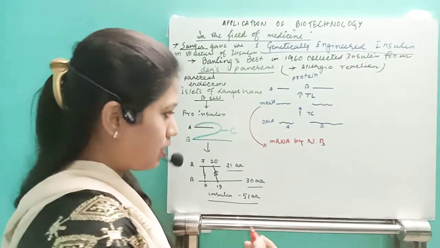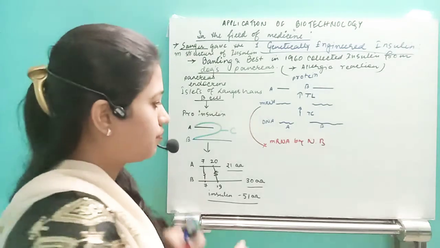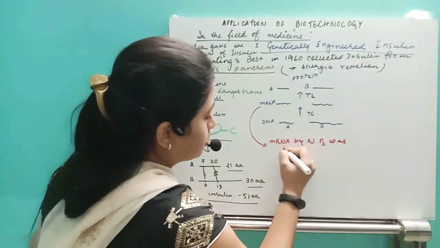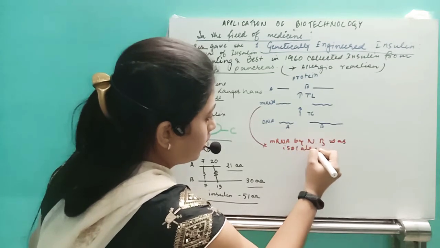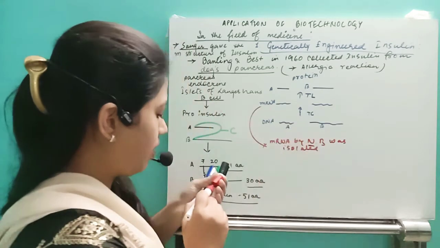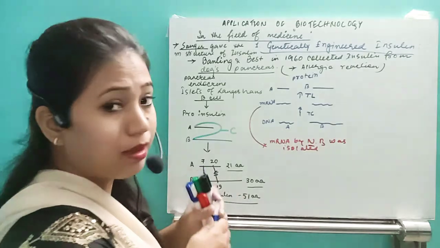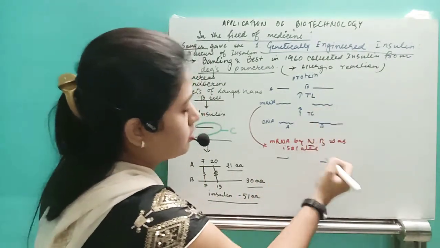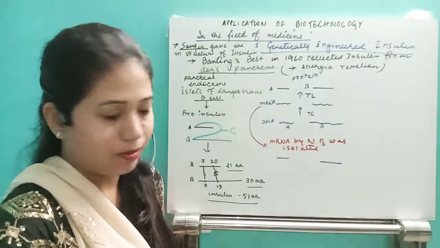The mRNA was isolated by northern blotting. So this is the mRNA for the A polypeptide producing gene, and this is the B polypeptide producing mRNA.